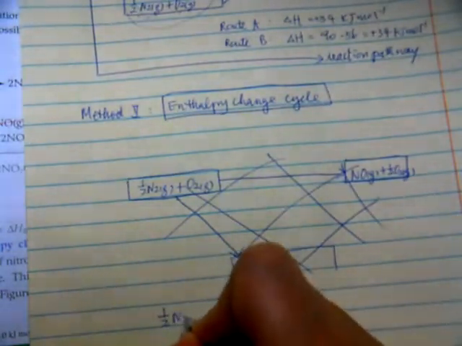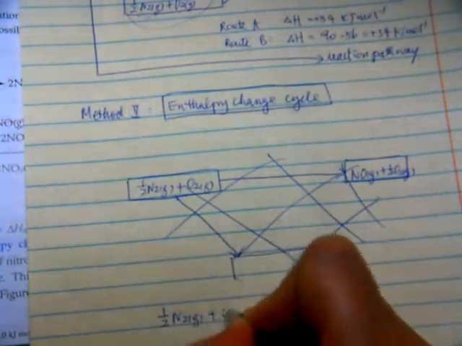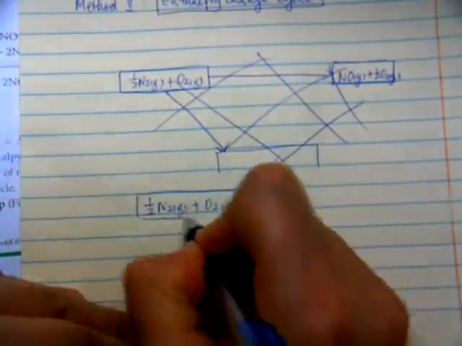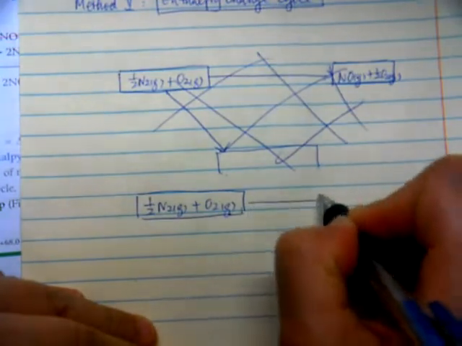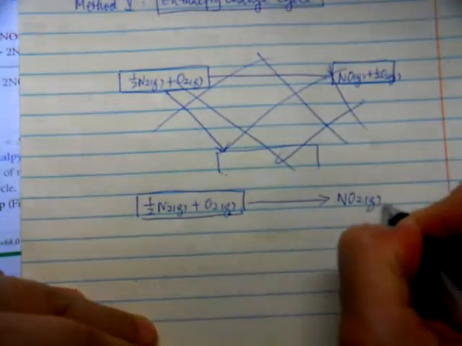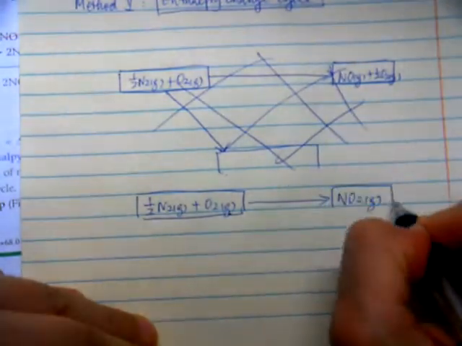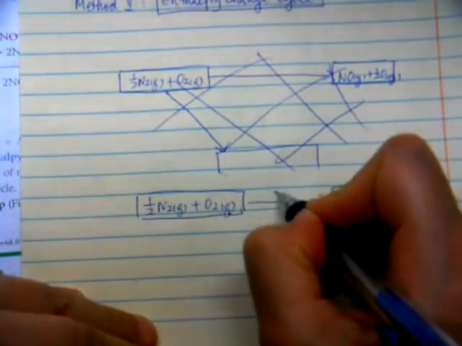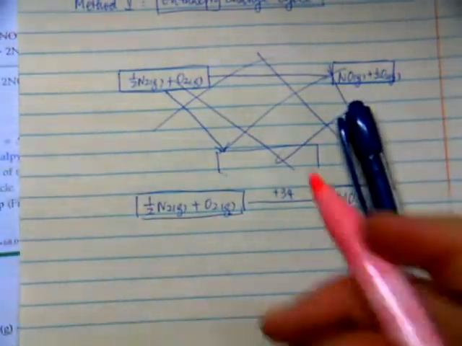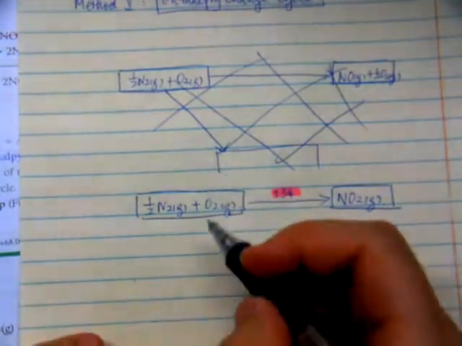Half N2 reacts with O2. This is route A. I copied it down wrongly. NO2 with 34. I color it in red. Only one step for this route.